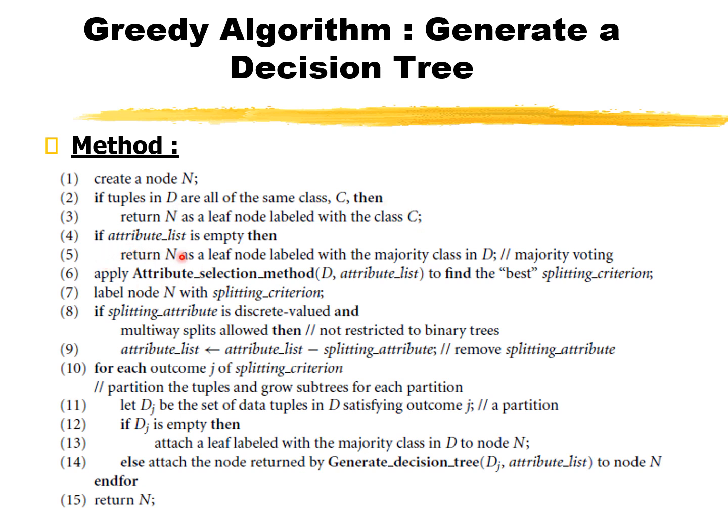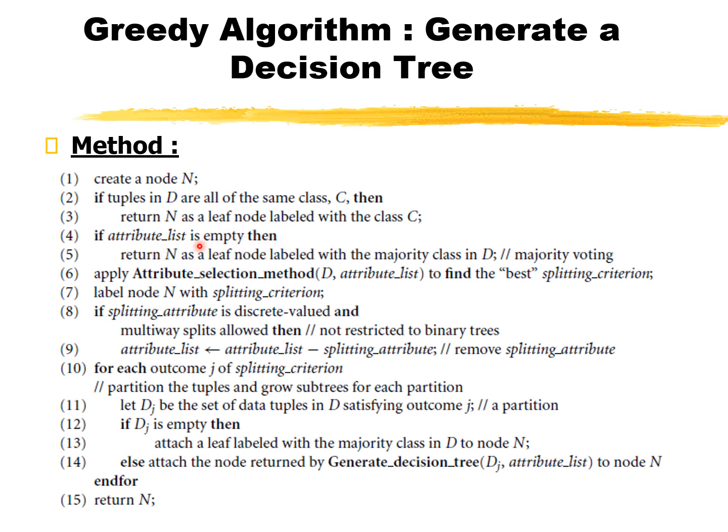Now, if the attribute list is empty, then we will return n as a leaf node labeled with the majority class in D. In this case, we call it majority voting, which means that we will see what the majority is.